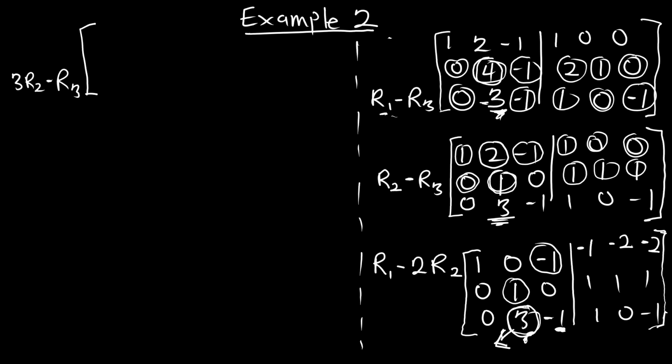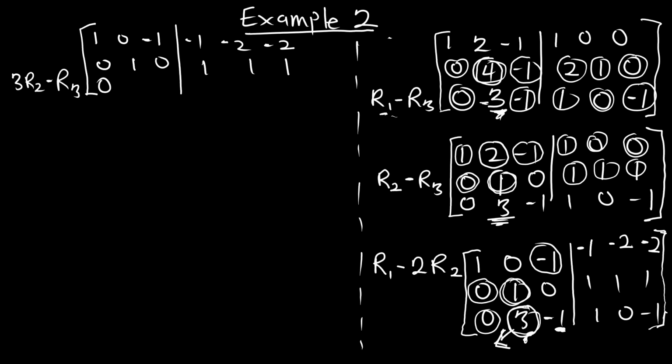So row 1 will remain the same. 1, 0, negative 1 by negative 1, negative 2, negative 2. Row 2, the same, 0, 1, 0. We have 1, 1, 1. Row 3, now it is going to be 3 times row 2. So 3 times 0 minus row 3, 0, still 0. 3 times 1, which is 3, minus 3, that is going to be 0.